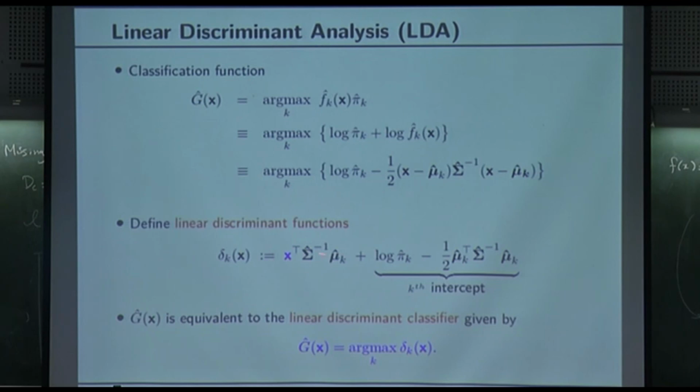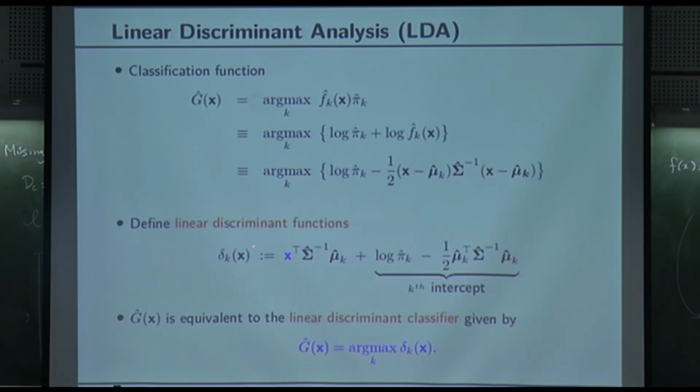The leftover components are over here: x transpose sigma hat inverse mu k, log pi k, which comes from there, and the last term, which is minus 1/2 mu hat k transpose sigma hat inverse mu k. So one way of looking at this transformation is to simply say that it is a maximum of this linear function. How do I classify?